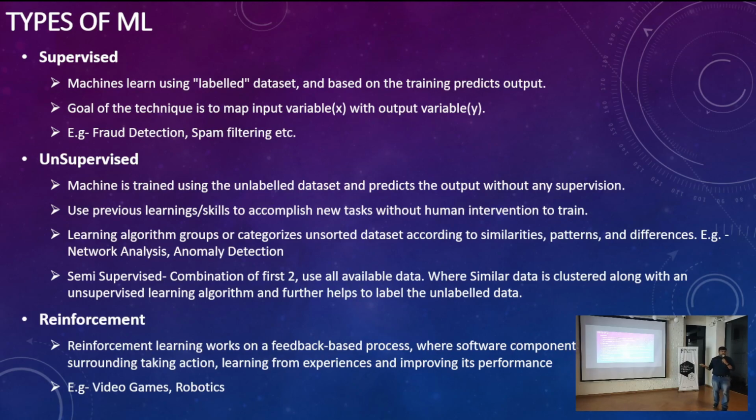Unsupervised, as the name suggests, has no labeled data. It works on whatever data it gets. There's also a combination of both, called semi-supervised, wherein some of the data provided to the algorithms is clustered, whereas some is unlabeled. That is in progress and is being used in different tools.